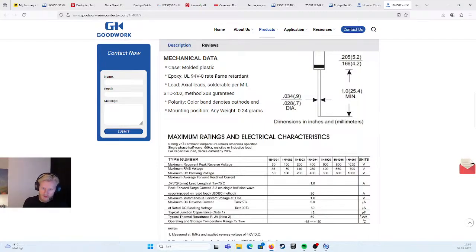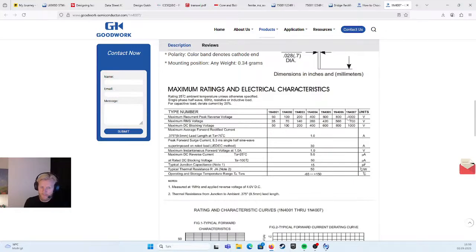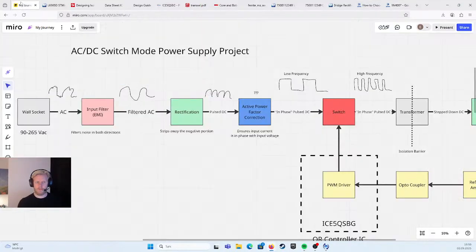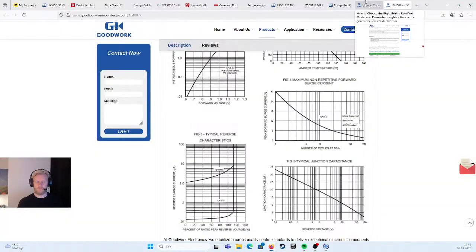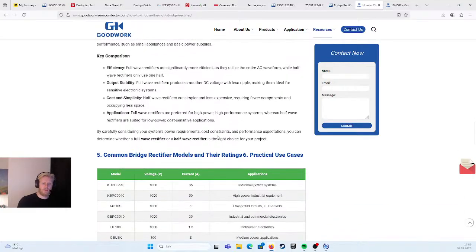You would have to select one of these. So this was 4007. Yes, wow. Okay, but let's just use a full wave rectifier because it sounds cooler.